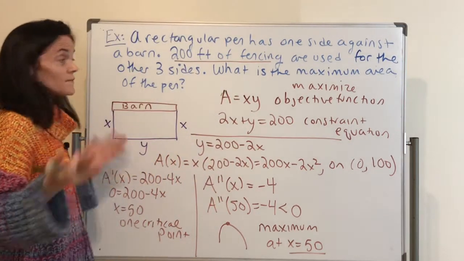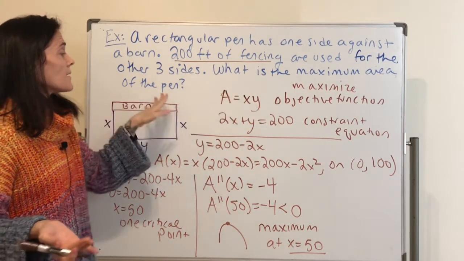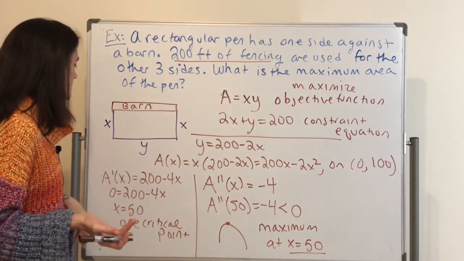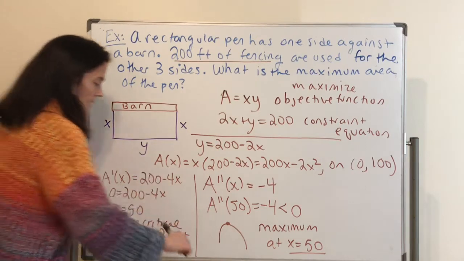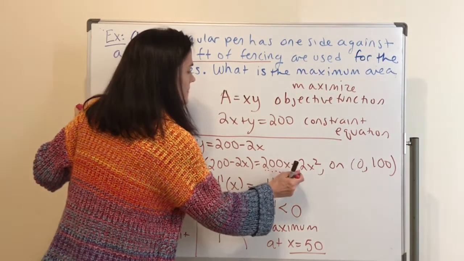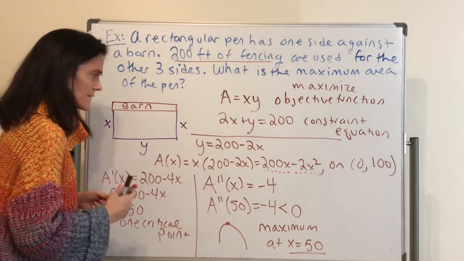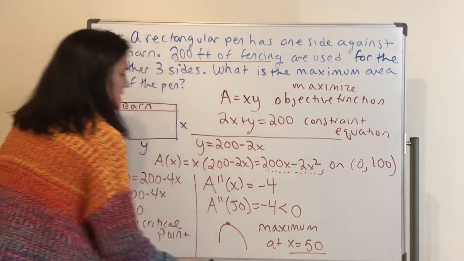Now, what's the final thing to do? We want the maximum area of the pen. Well, right here, maybe I will underline it in pink. This is area as a function of x. And so all I need to do is just evaluate this at 50.